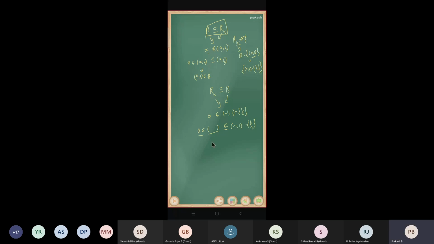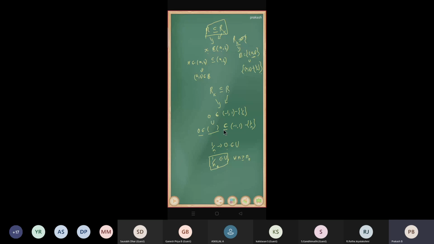You know that 1 by n converges to 0, and this one I'm going to call u. So this u is a neighborhood of 0, and 1 by n converges to 0. That means 1 by n belongs to u for all n greater than or equal to n naught, right? Then obviously 1 by n naught must belong to u, right?